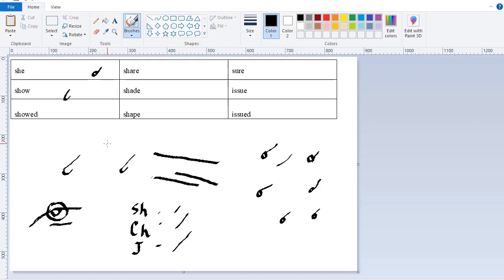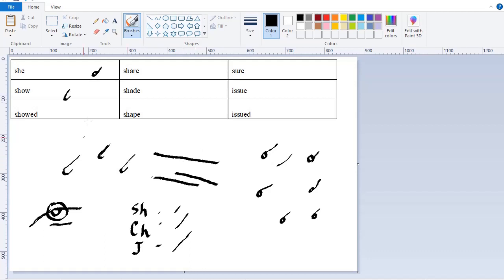So, it is below. Therefore, it is understandable that where you first place or set your pen is the upper part and then you move down. So, therefore, it is understood that this is a downward slanting line which represents our SH sound. Okay, so I hope I was able to make it clearer. Yeah, I really hope you understood. Okay, so now next we have should.